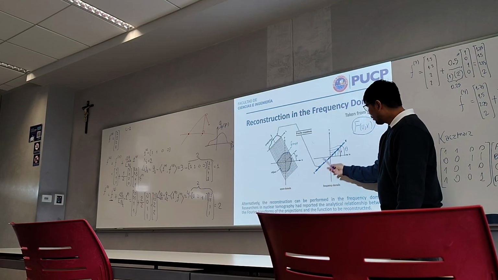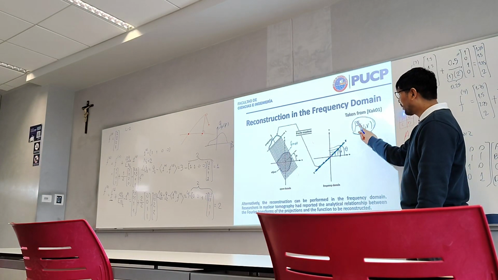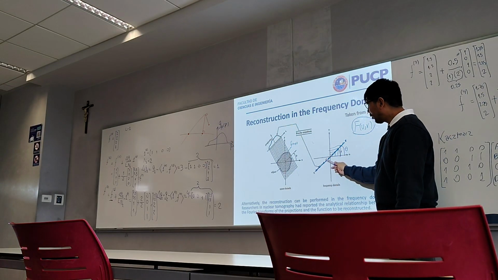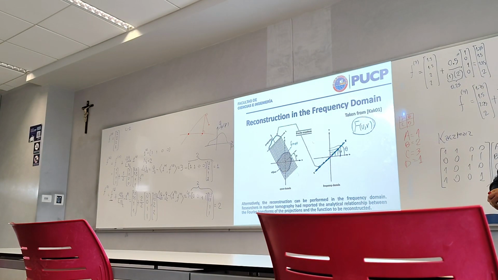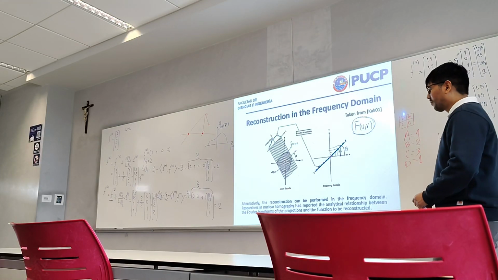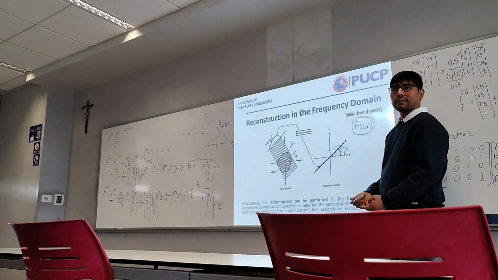But this information is not all of F(u,v). What else can we do to obtain more information than only these points? You remember that this is one projection at the angle theta, but theta will be changing.